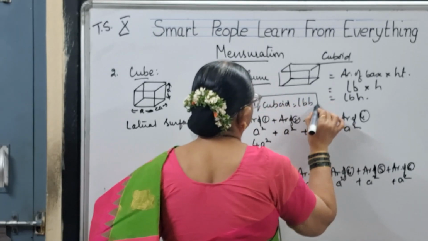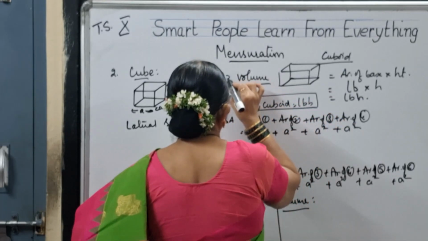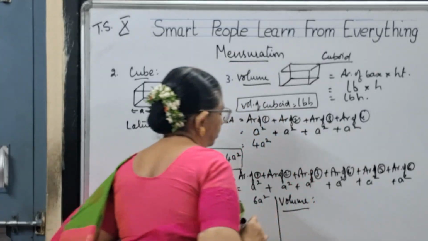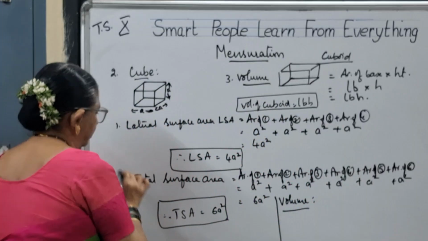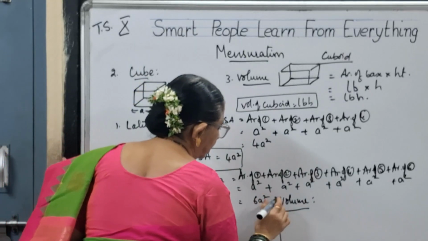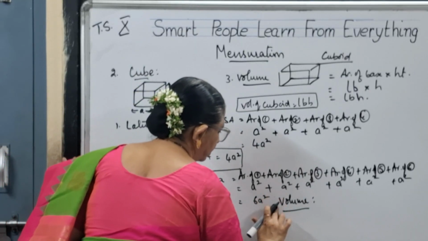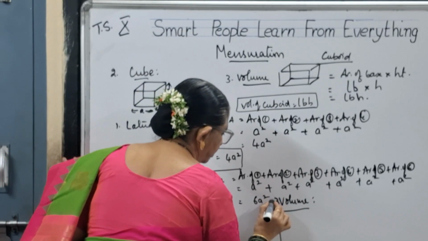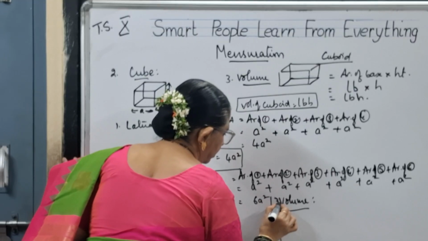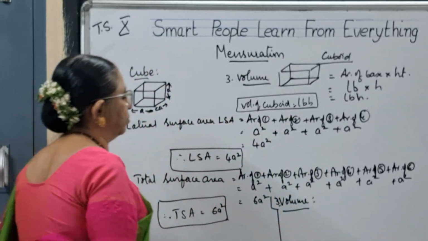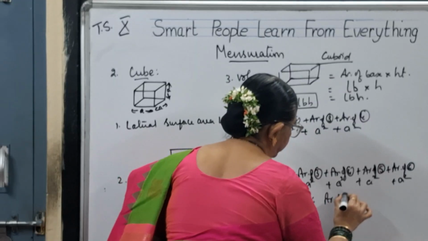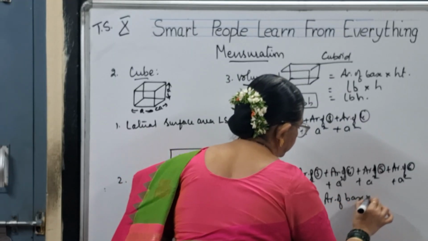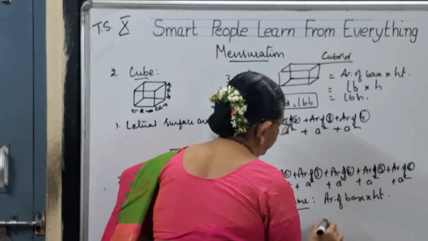This formula I have forgotten, children. This is the third one. Please note it down. First one is lateral surface area. Second one is total surface area. And the third one is volume. So here also, volume means again area of base into height. This is the general formula for volume.